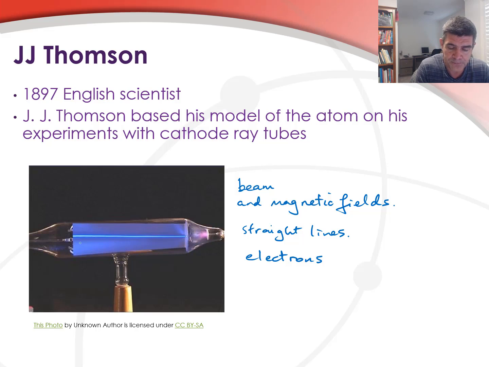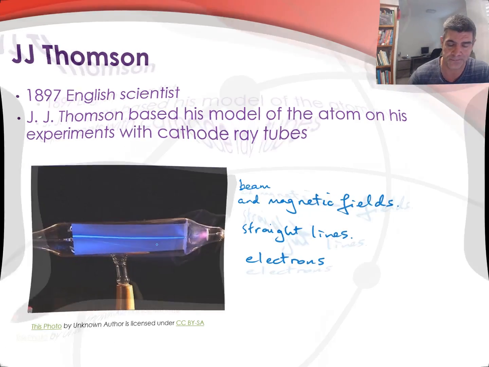And you can see there are two electrodes at either end of this fluorescent plate, and you can see that the little beam of rays are striking that fluorescent plate, and so we can actually see where they are. And it also means that if we use magnetic fields to move that beam in any way, we can actually see the beam moving up or down relative to the plane of which it's moving.